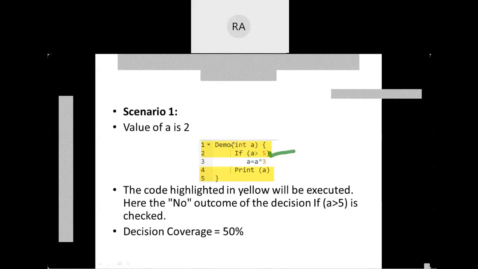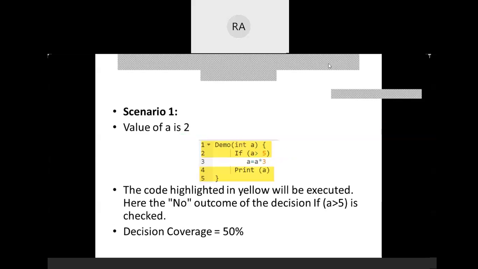What is the A value? A value is 2 here. Is 2 greater than 5? No, so it has to come over here. So print A. What is the outcome of this Boolean expression? It is false, which is equal to 1, and the total number of possible outcomes for this Boolean expression is 2. So 1 divided by 2 is 50%. That's why the decision coverage is 50% over here.